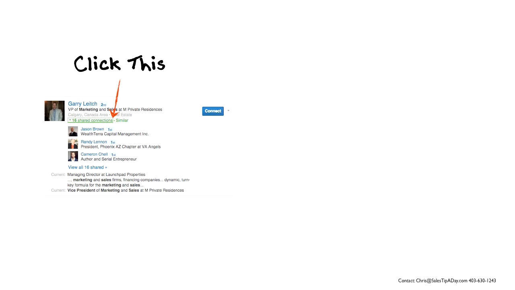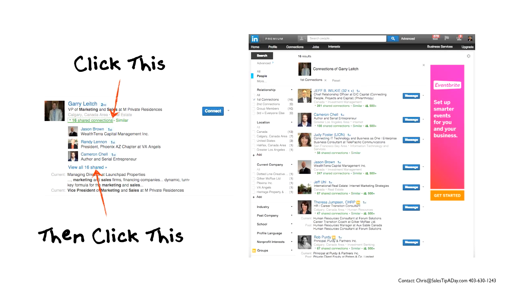And these are people that I could leverage to get in the door. But let's just say none of them are strong enough relationships for me. One of the things that I can do is click this View All 16 shared. When I click on that, it brings up a listing of all these 16 people. And I can go through and find someone to actually connect with, or put a connection into me.